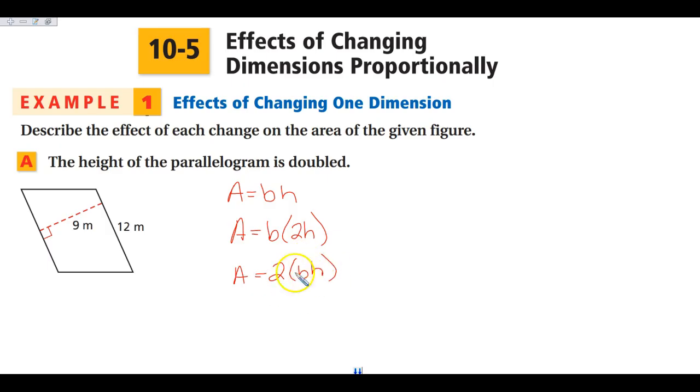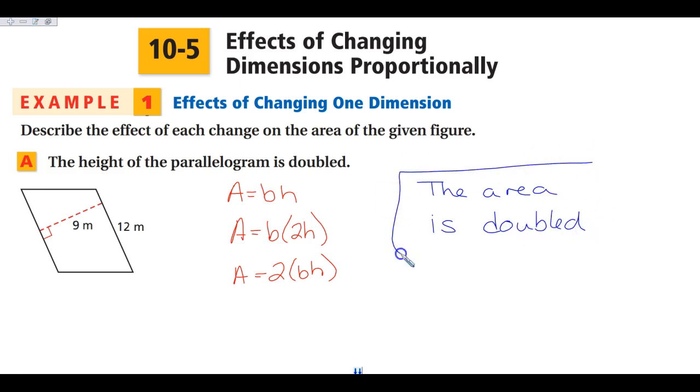So I am taking that base times height, which is the original area, and I'm multiplying it by 2. So then I can say that the area is doubled. Okay, so sometimes the easiest thing to do is just plug the change into the formula and see how it affects the formula.